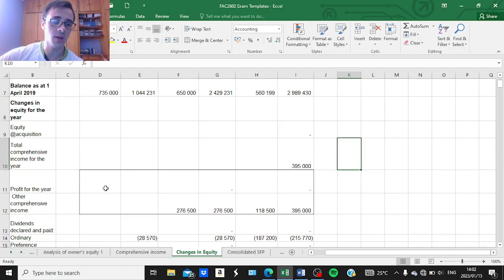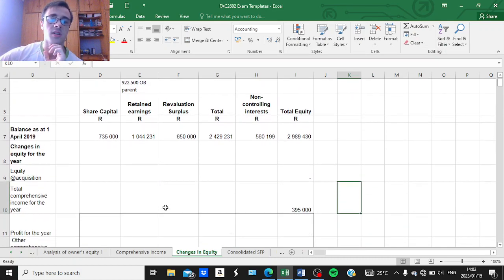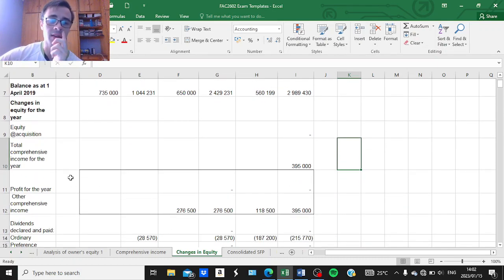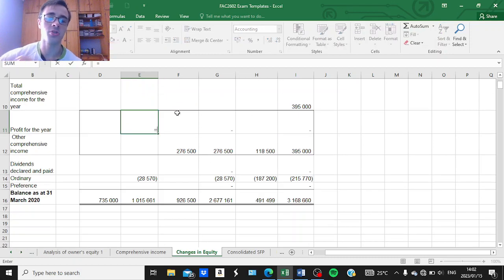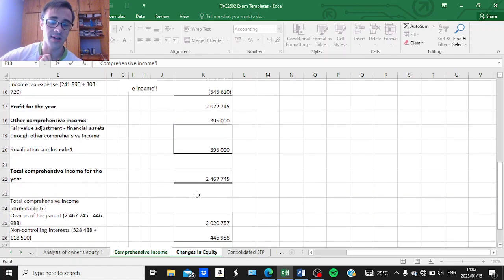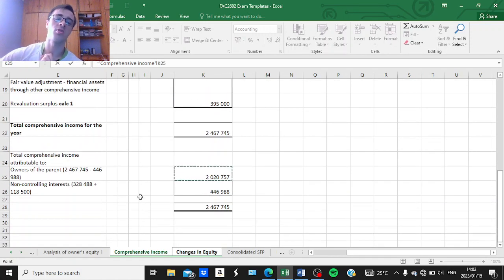Okay, then we move to our total comprehensive income section. So we need to split other comprehensive income and profit for the year. So in terms of the parent's share, the amount that is credited to retained earnings will be this amount right here. The total comprehensive income that is attributable to owners of the parent, 202,0757.